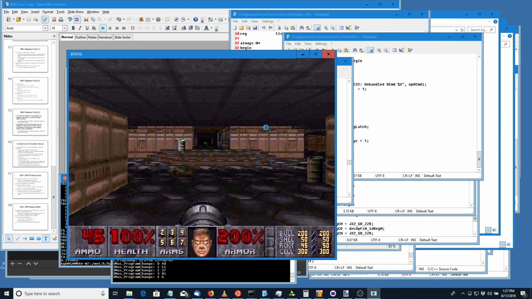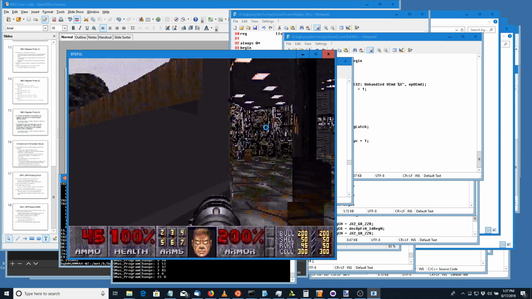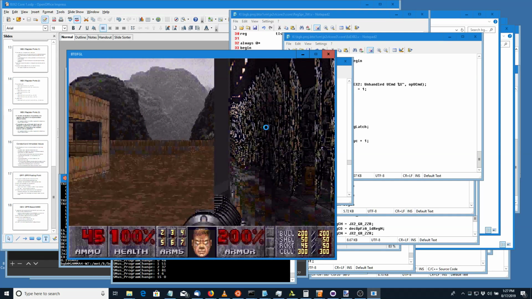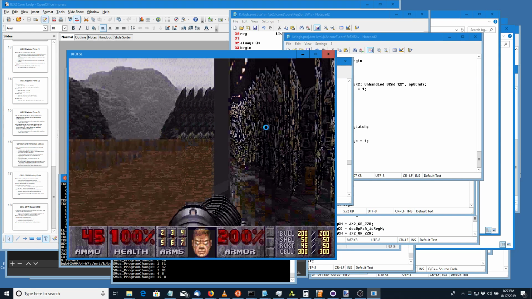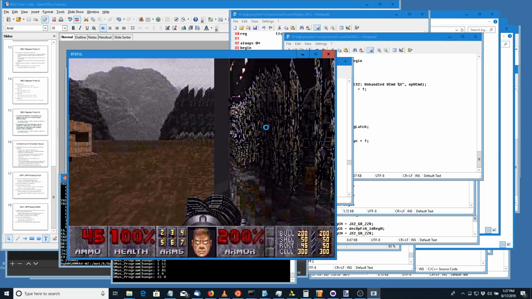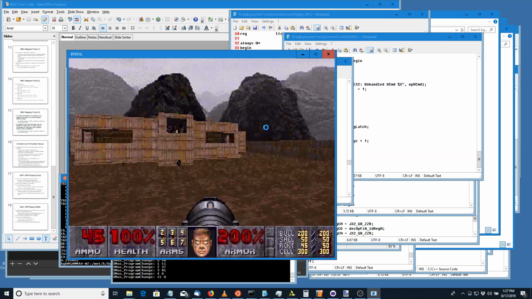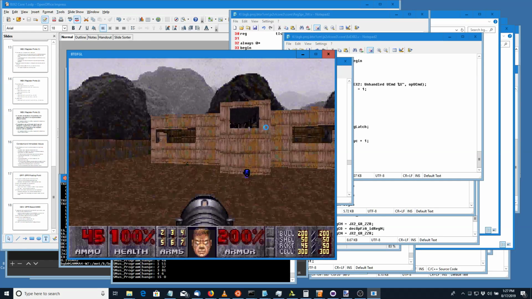I guess a testament to color cell encoding is that it's fast enough that it could be done in real time for something like Doom on a 50 megahertz processor, whereas try that with MPEG and yeah, that's not going to turn out well.